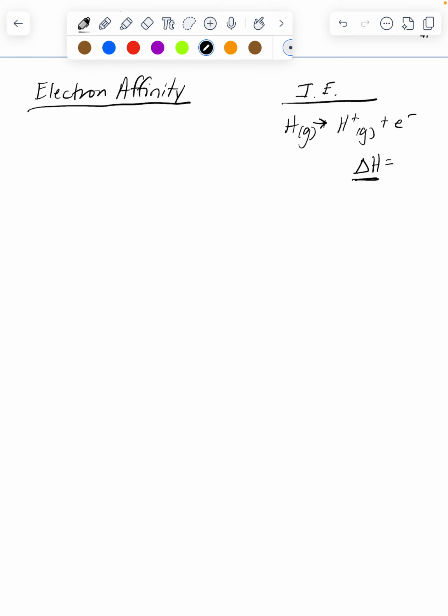The electron affinity is the energy change when a mole of gaseous atoms gain a mole of electrons and form negative ions. So this one is about electron loss, and this one is about electron gain. But otherwise, the definitions are essentially the same.